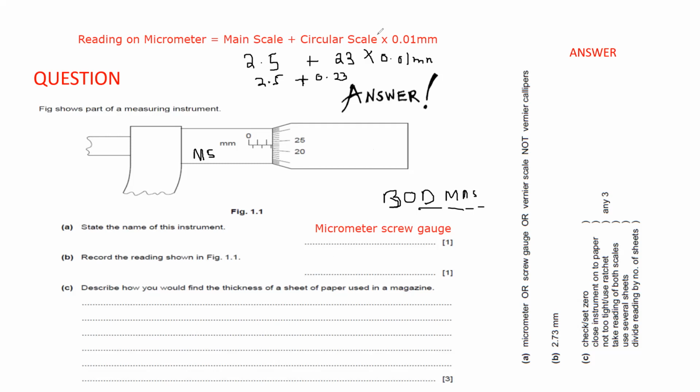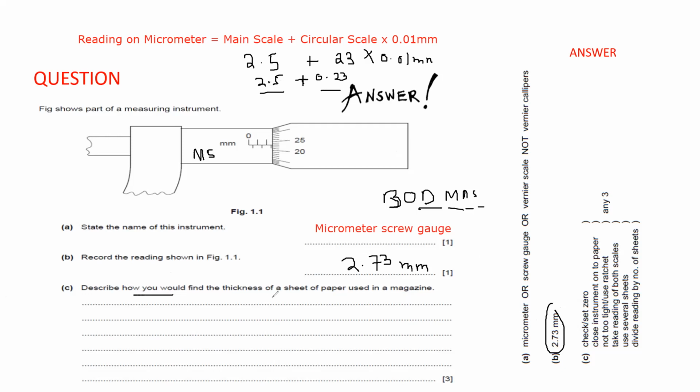When you add them, 2.5 plus 0.23, it comes out as 2.73 millimeter. So the correct answer for B is 2.73, and you can see the answers. Then again a similar question.